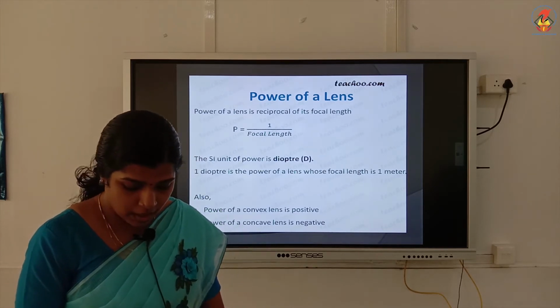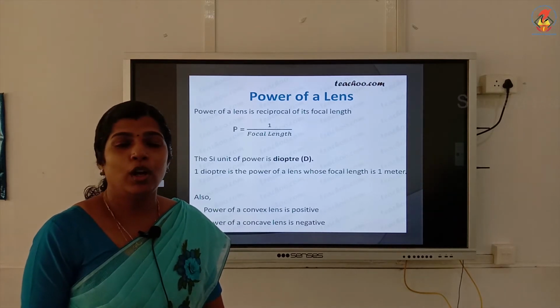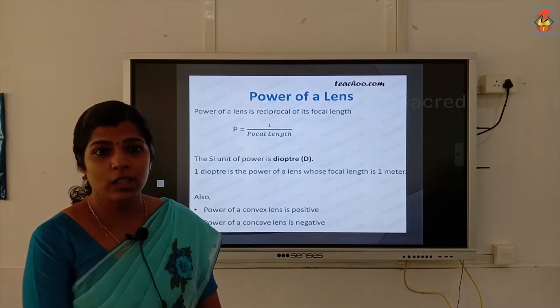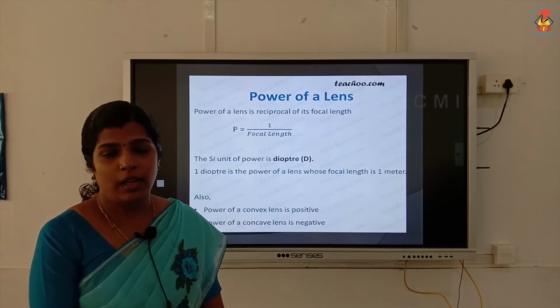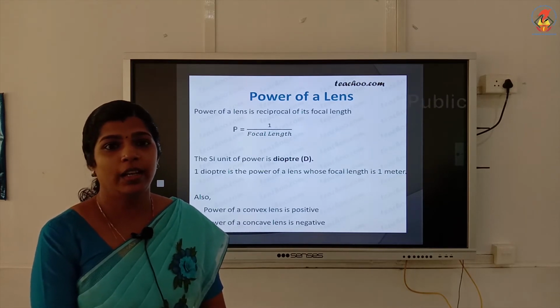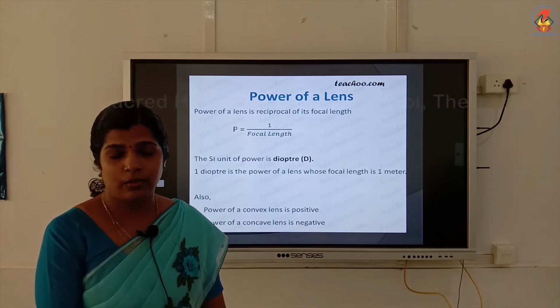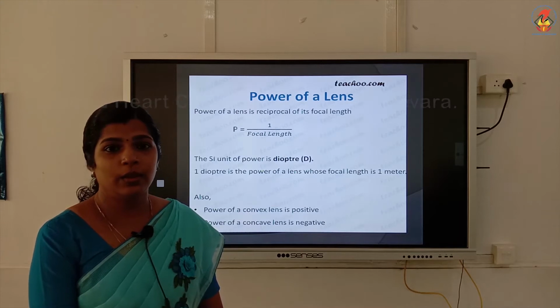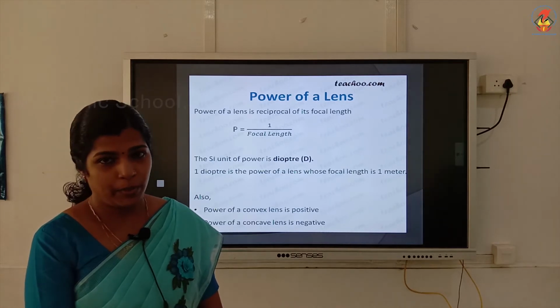The heading is power of the lens. So, we know a convex lens will converge the light rays to a point and a concave lens will diverge the light rays. Concave lens will diverge the light rays, and we have a feeling that the light rays are coming from a single point.